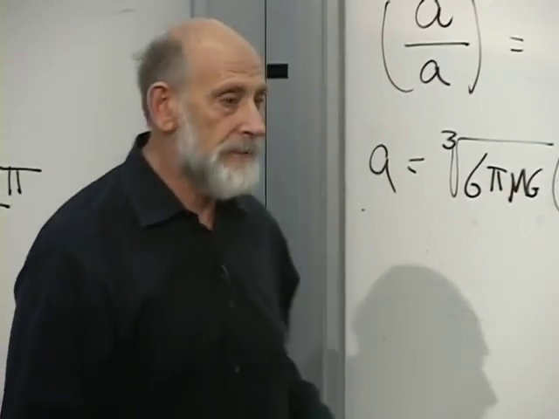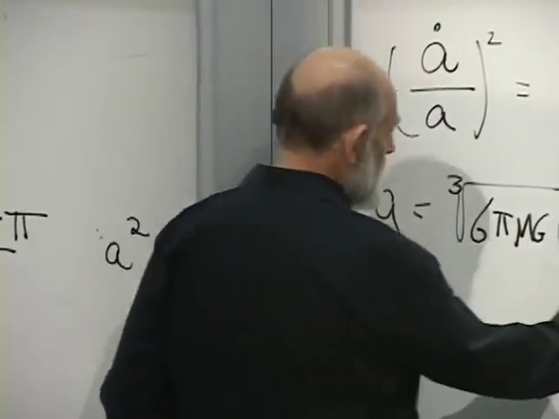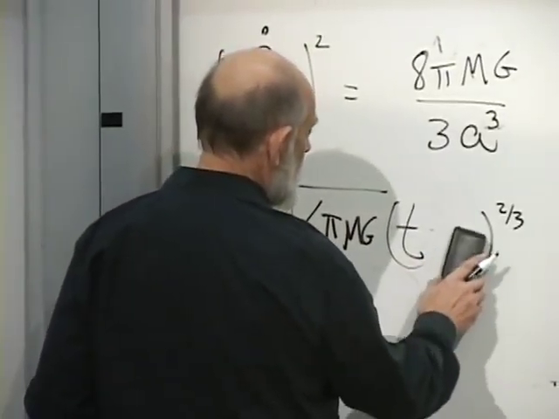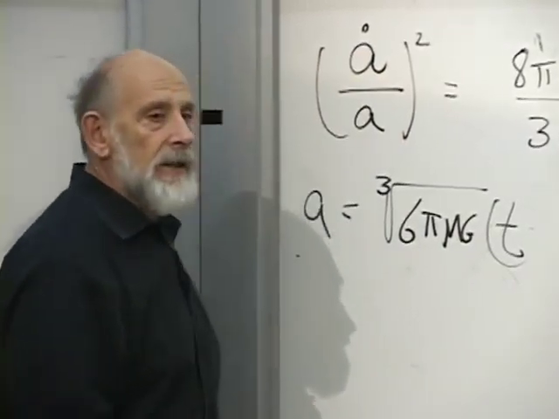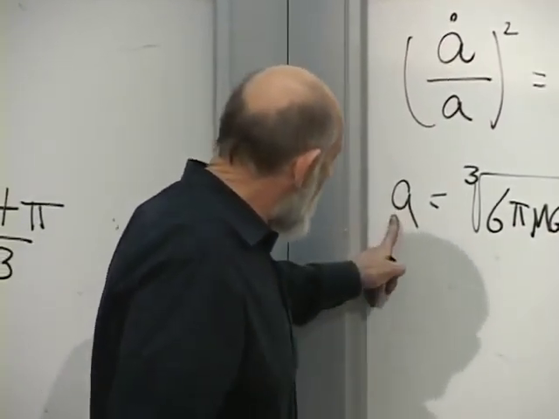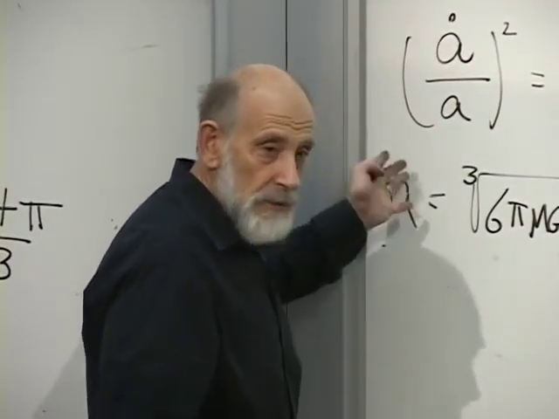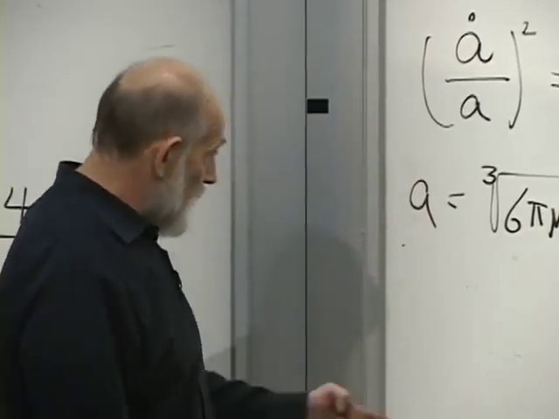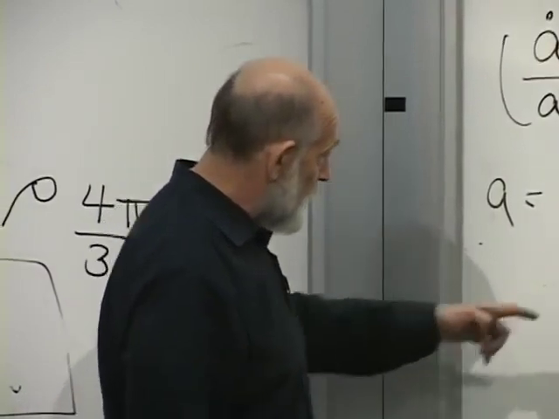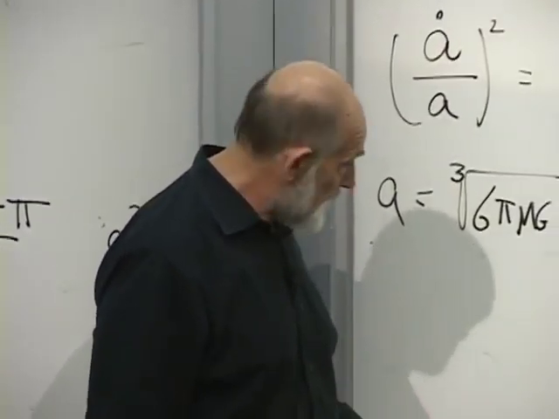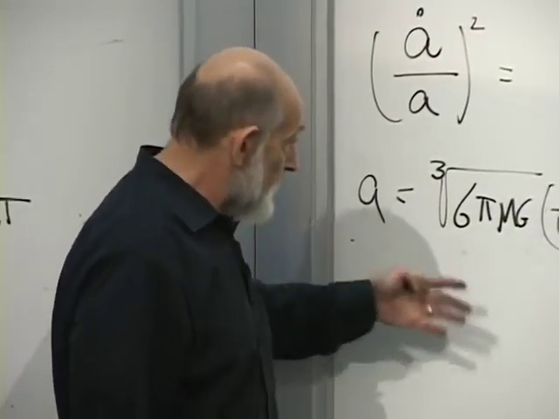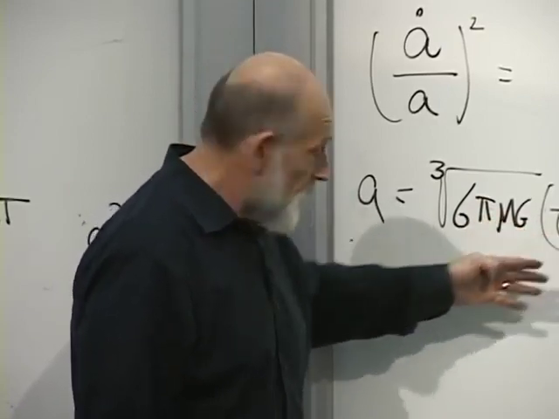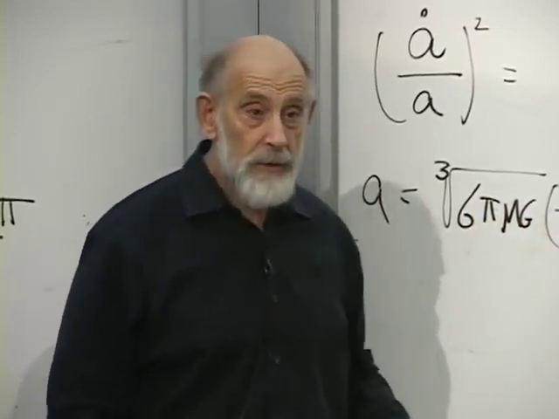That's the only unknown constant. So once you say that t equals 0 corresponds to the time at which a is equal to 0, there's no more constants left. All right, well, first of all, among other things, it tells us that if we go back in time to a certain time, namely t equals 0, a will be equal to 0.